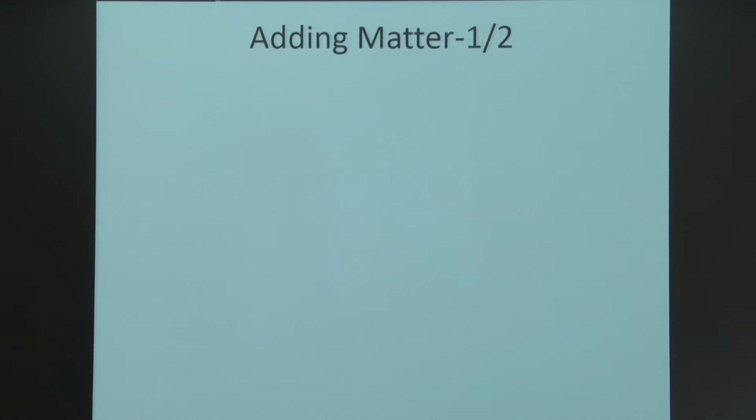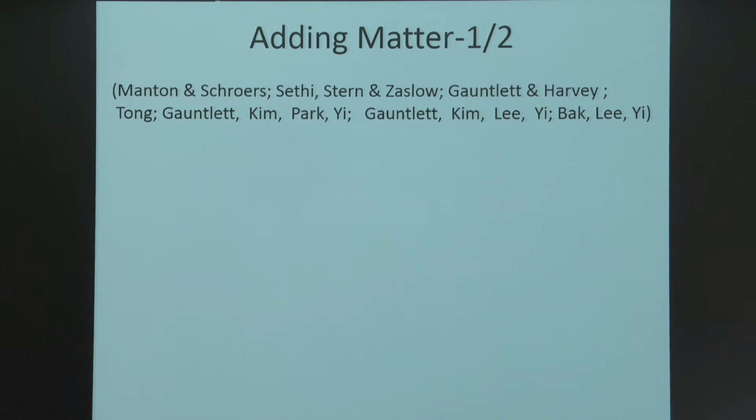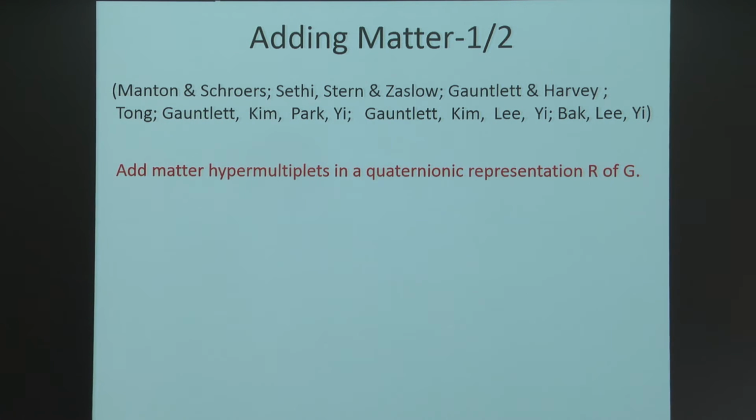And now to answer Nadi's question, you can add matter to the story, and we're in the midst of doing that. Of course, again, this is something that goes back to Manton and Schroers, and again, people in the audience were writing about this in the mid-90s.